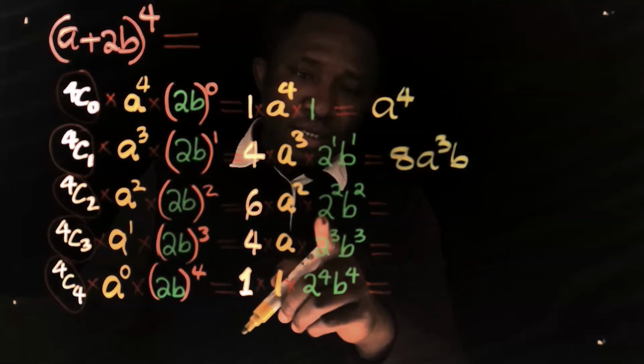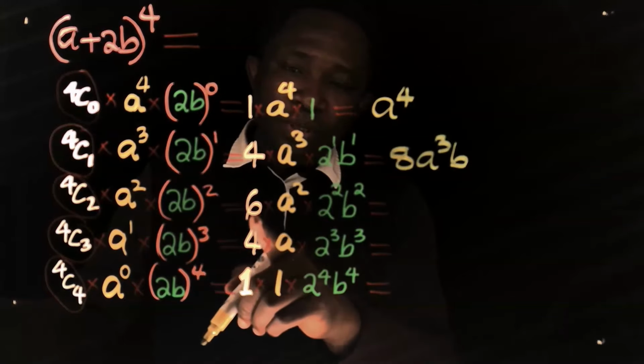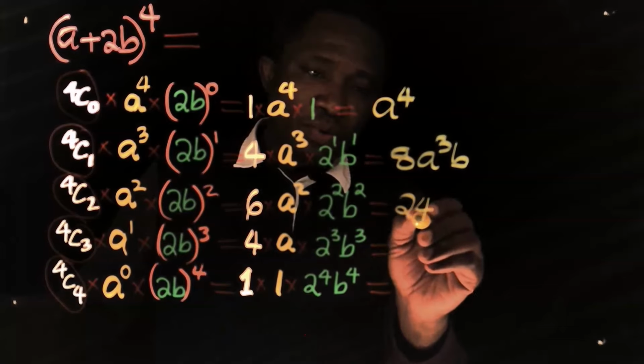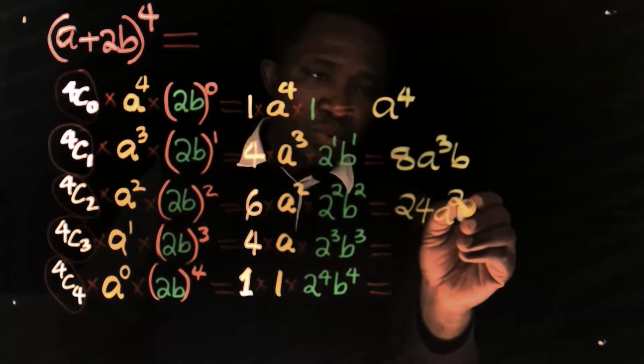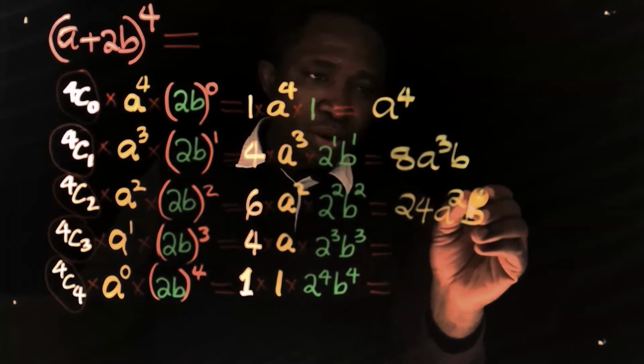This is 2 squared, which is 2 times 2, and it is 4. 4 multiplied by 6 will give you 24. Here you have a squared, and here you have b also squared.